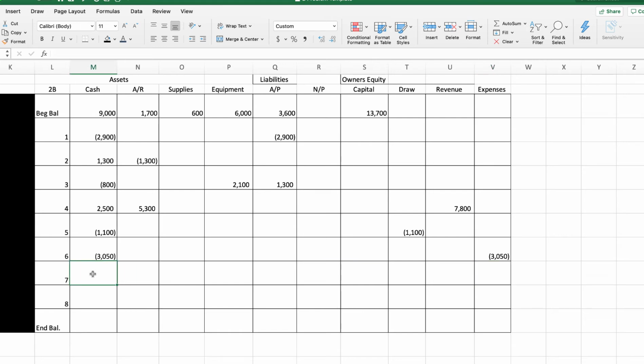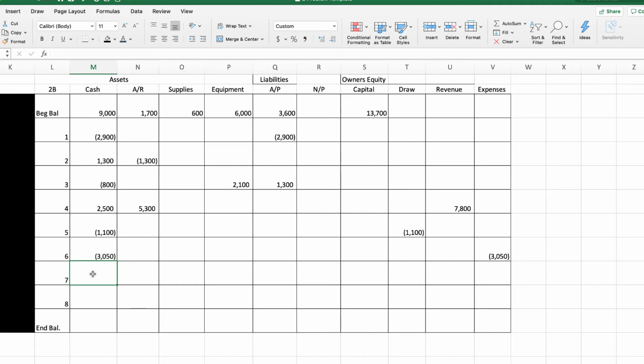Number 7 says incurred utilities expense for month on account of $170. Now, right off the bat, we have to recognize we did not pay any cash. How do we know that? Well, it tells us that we incurred an expense, okay, meaning we owe for our utilities, but we incurred it on account, meaning I'll pay them later, okay?